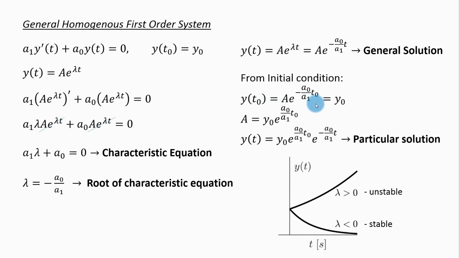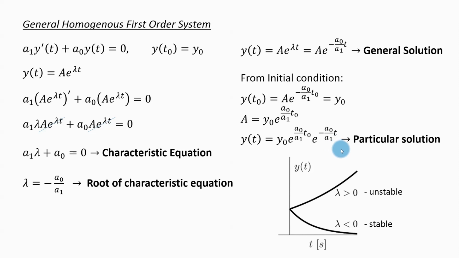And from there you will find the value of the constant A. And finally, you substitute this value into your general solution, which will give you your particular solution. This particular solution describes how your system behaves for your initial condition.